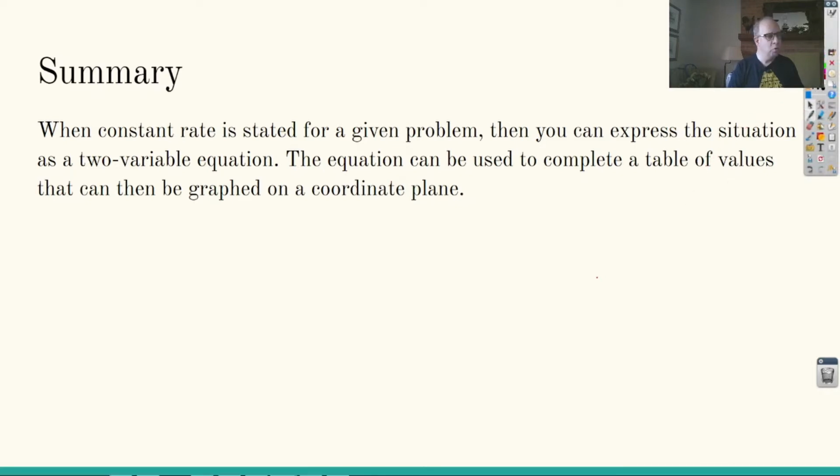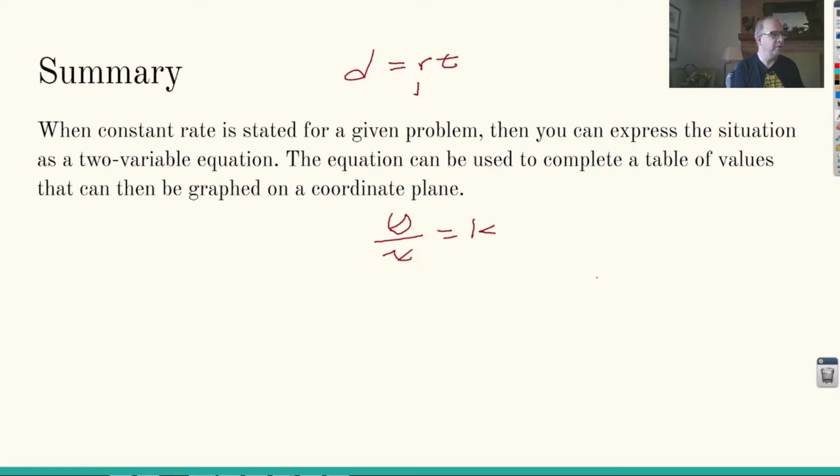So remember, our two-variable equation is when we have two variables. y over x equals our constant rate. Our distance equals our rate times the time, where rate is always the same number. Distance and time can change. So that's what we're talking about when we have two variables. So we'll move on and take a look at our first example.